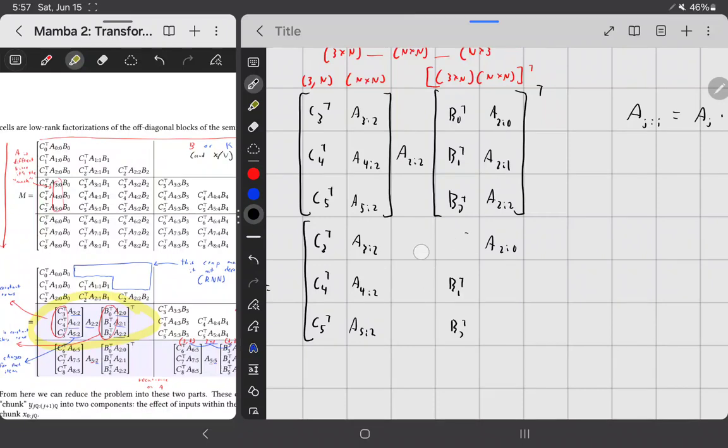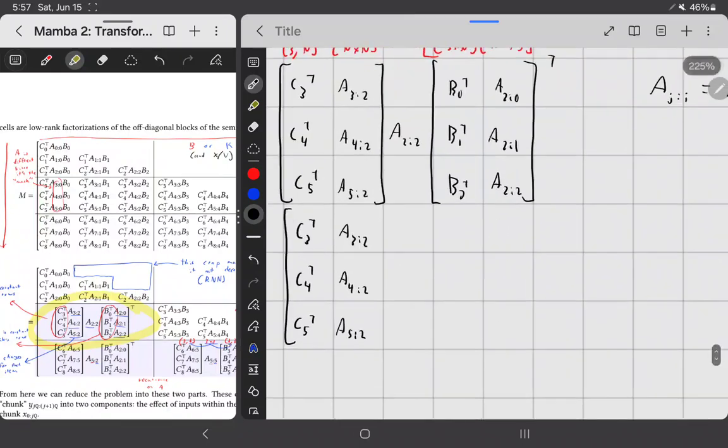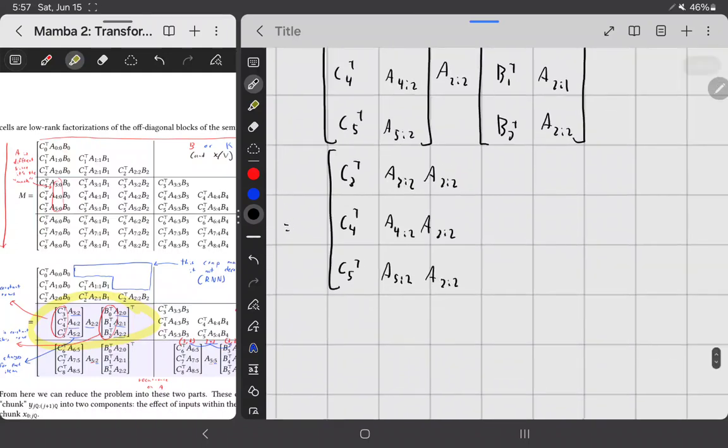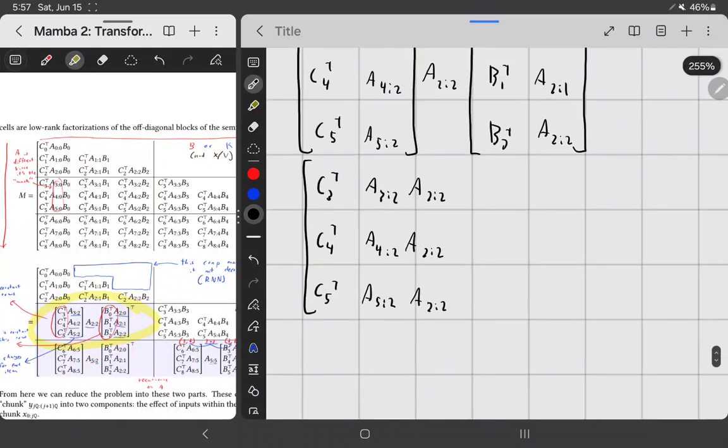Oh, sorry, I moved them in the wrong place. I'm going to move them into the left matrix, actually. So this will become A2 to 2, multiplied by A2 to 2, and A2 to 2. Doing this basically will give us A3 to 2, so it'll stay the same. This will give us A4 to 2, and this will give us A5 to 2. So that's what that gives you.